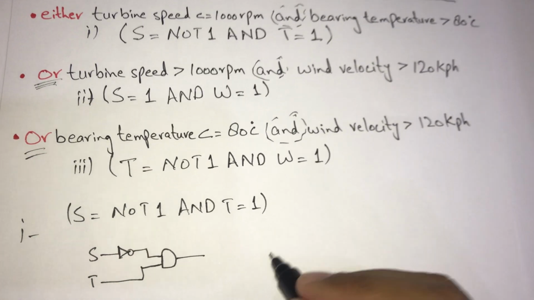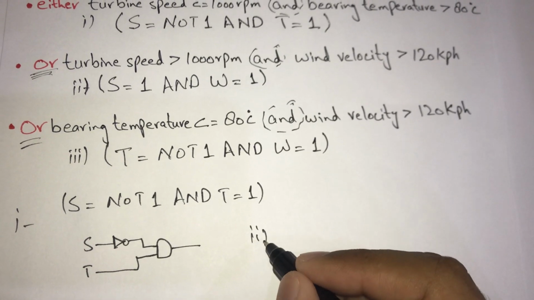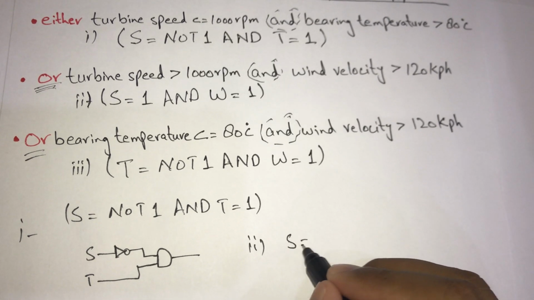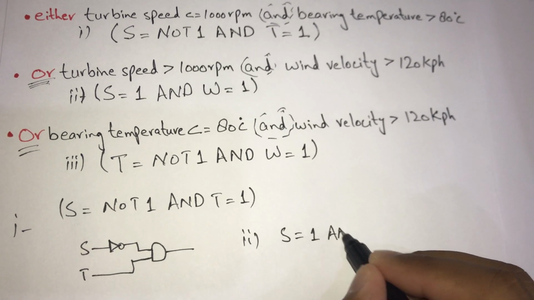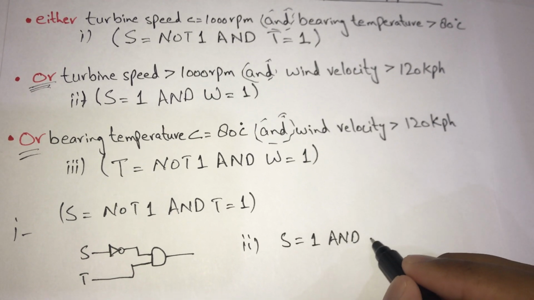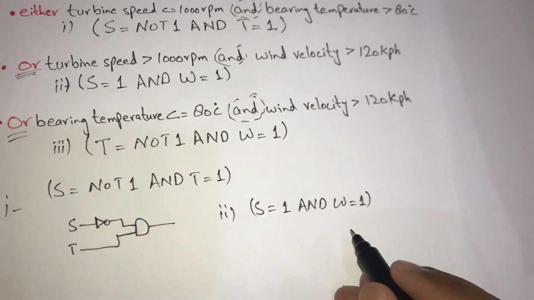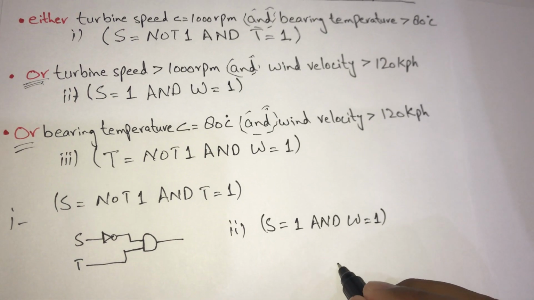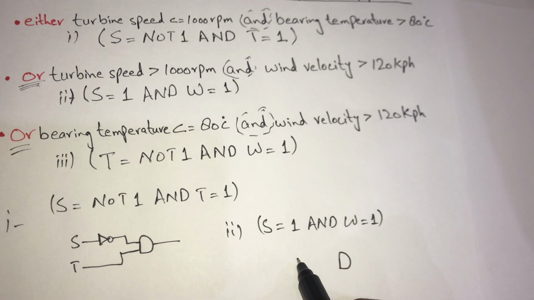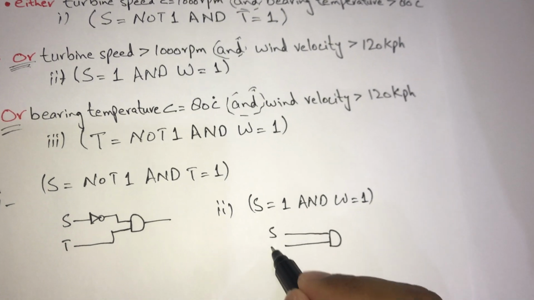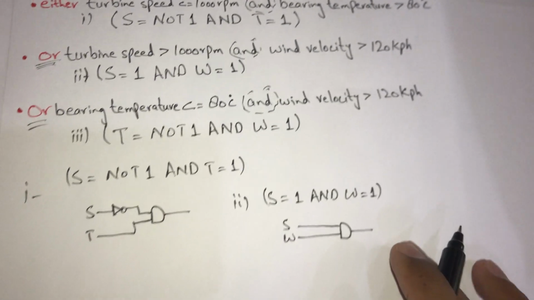For the second one, that is S is equal to 1 and W is equal to 1. There is an AND gate used, with S is equal to 1 and W is equal to 1. This will be the output.